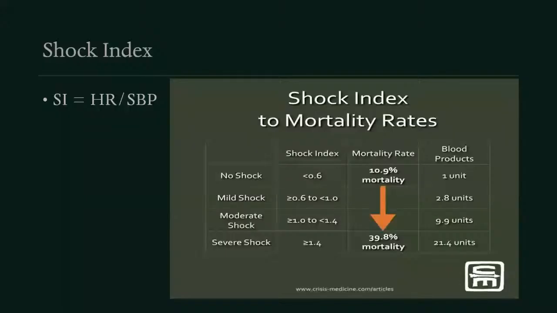Now, when you plug those numbers in and you get between 0.6 and almost 1, ooh, now you are supposed to be concerned. Now it will give you those tingling red flags in your head. You'll be like, oh, damn, something is wrong. You get that moderate shock, and then it's more than 1, or it's 1 to 1.4. I'll be like, oh yeah, I'm dealing with shock. I know it's shock.